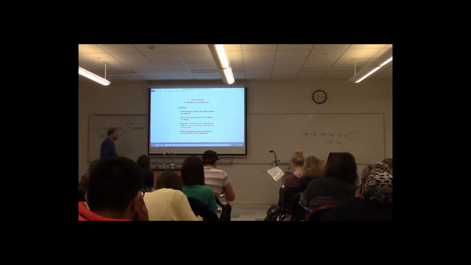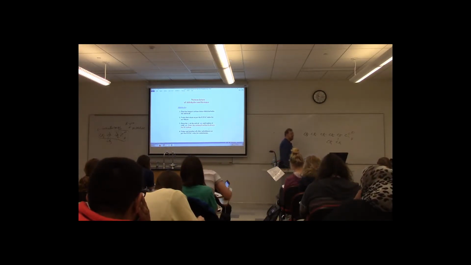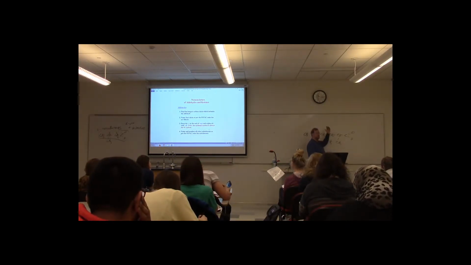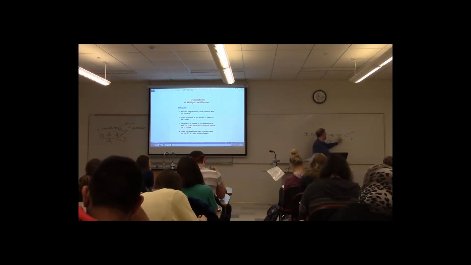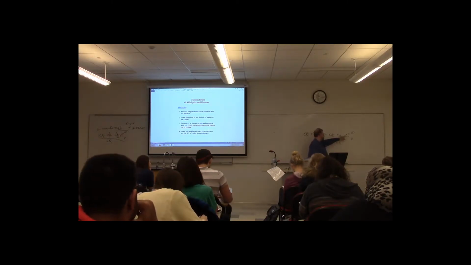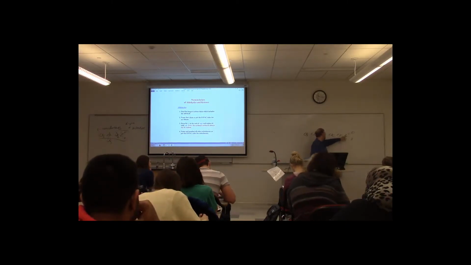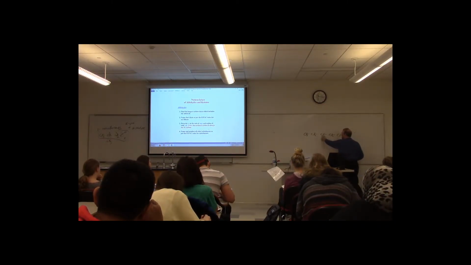Let's do this. In order to name this, the first thing you have to do is identify the functional group. What's different? An oxygen is double bonded to carbon with a hydrogen and carbons here. This is an aldehyde. How many carbons are in the longest chain that has the carbonyl carbon, the carbon double bonded to oxygen? 1, 2, 3, 4, or I can do 1, 2, 3, 4, 5, 6.